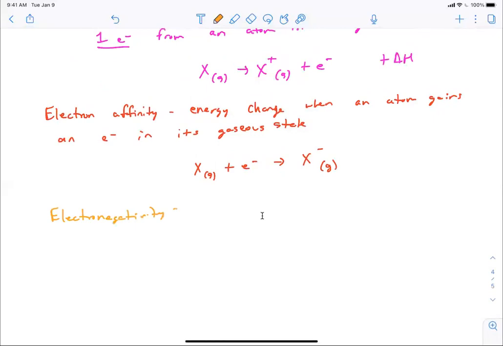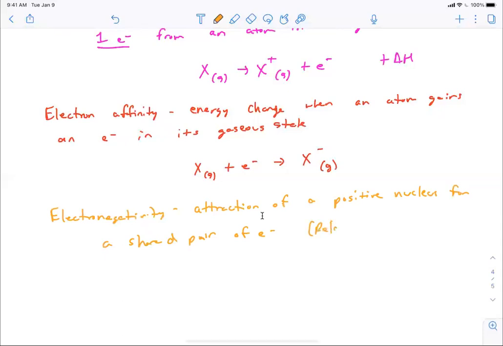Electronegativity is the attraction of a positive nucleus for a shared pair of electrons. This scale is relative. Whereas ionization energy and electron affinity are measured in kilojoules per mole, as they should be with enthalpy, electronegativity is more of a comparison, a relative scale.